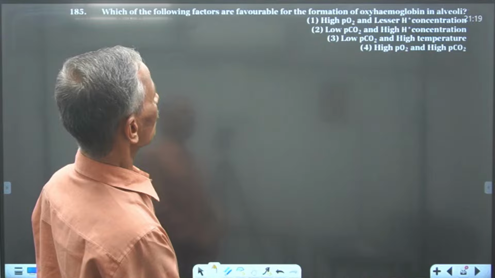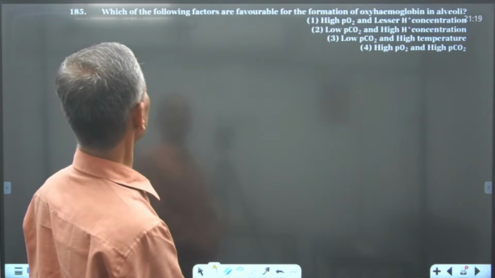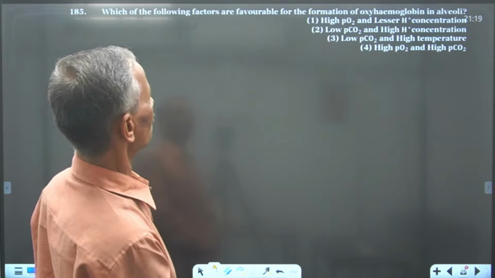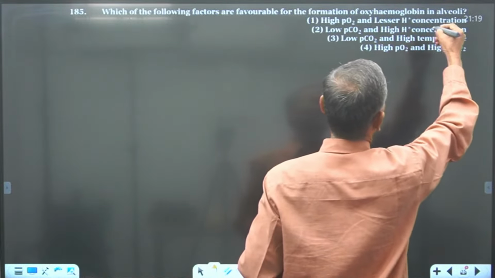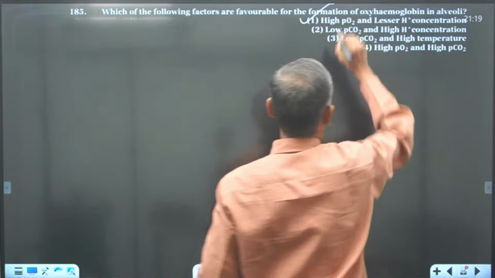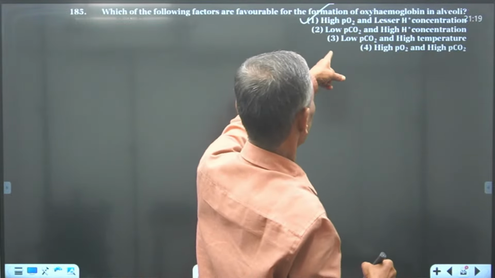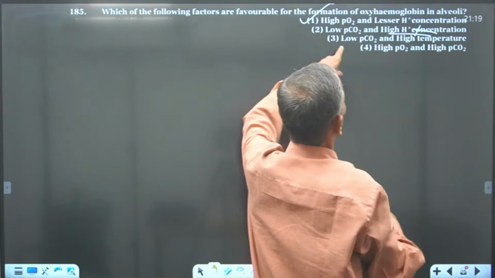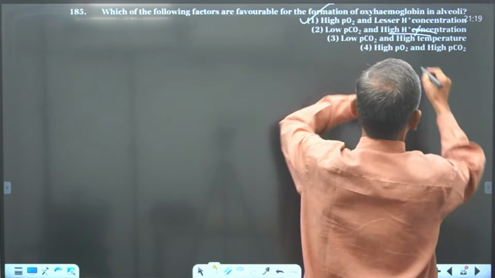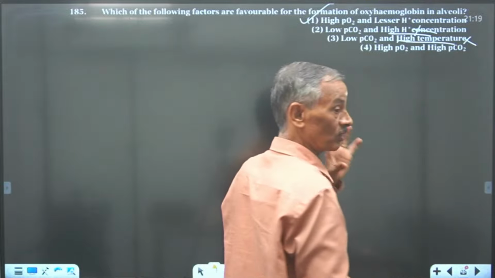For the formation of oxyhemoglobin in alveoli, what are the favorable conditions? High partial pressure of oxygen and lesser hydrogen ion concentration. Correct. Low partial pressure of carbon dioxide and high hydrogen ion concentration? No. Low partial pressure of carbon dioxide and high temperature? No. What are the conditions?